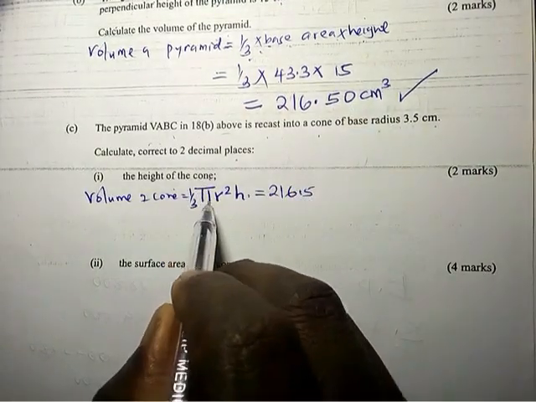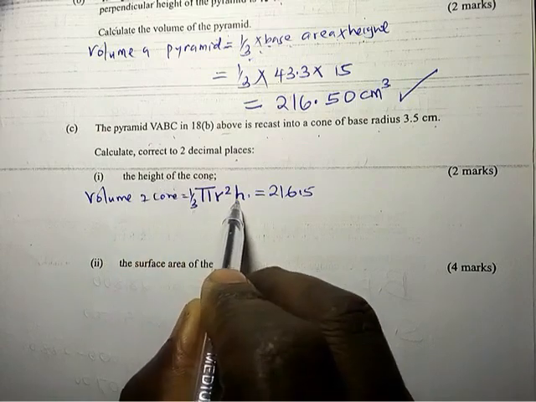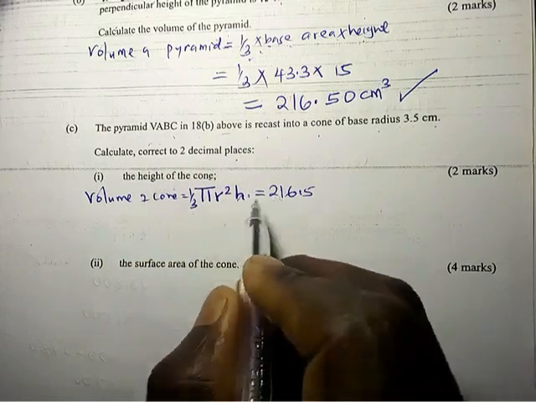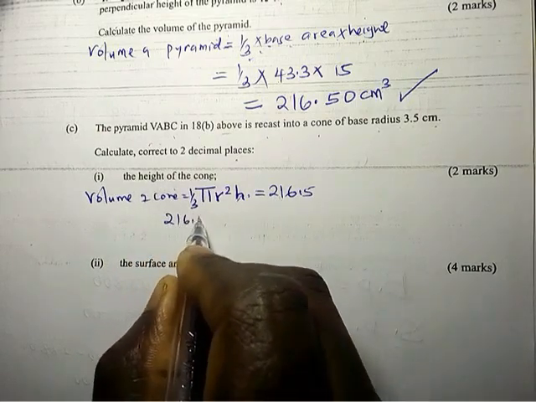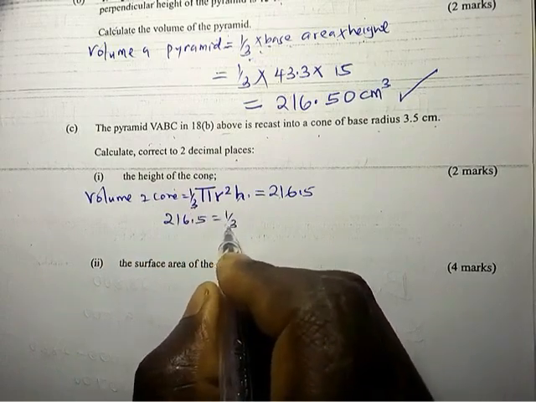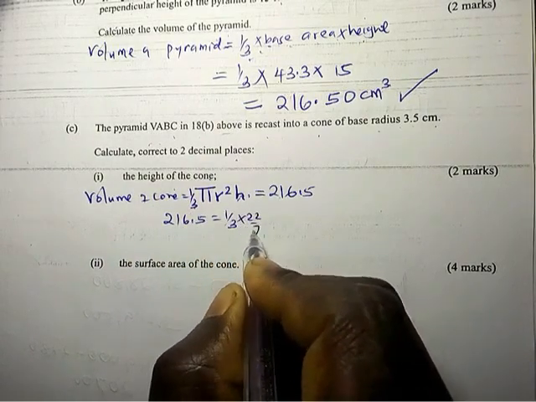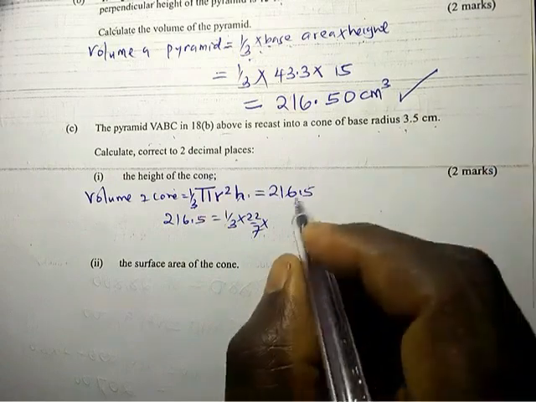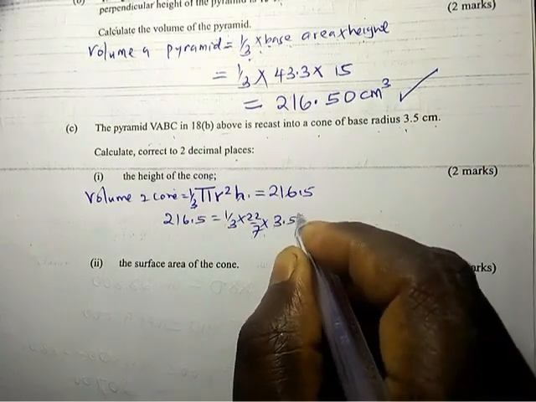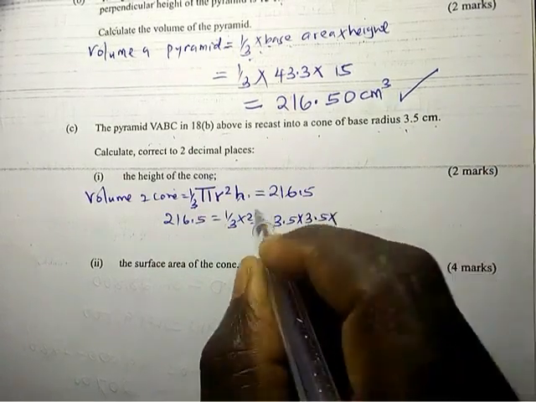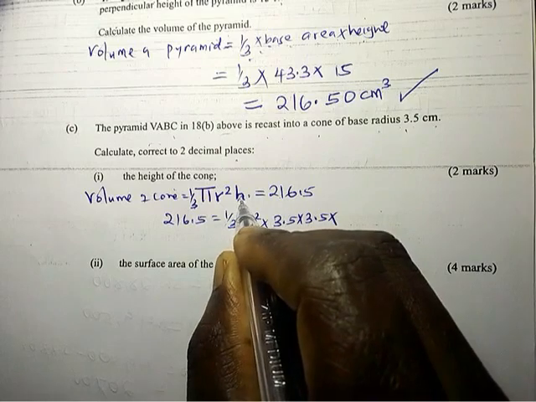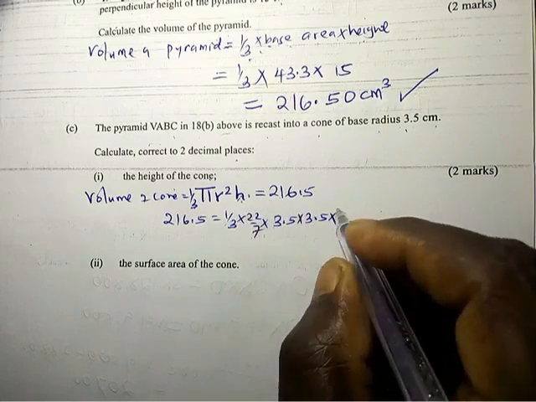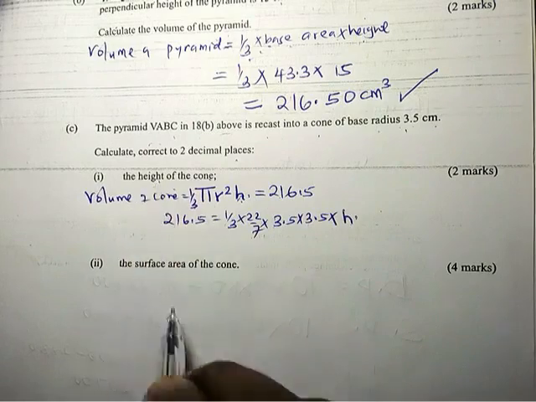So we want to calculate the height, that we want h. So we are going to say that 216.5 is equal to a third times 22/7 times the radius 3.5 times 3.5 times the height. Do we have the height? We don't have. We are looking for the height.